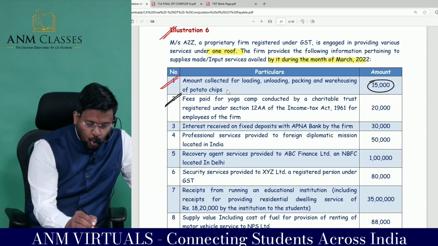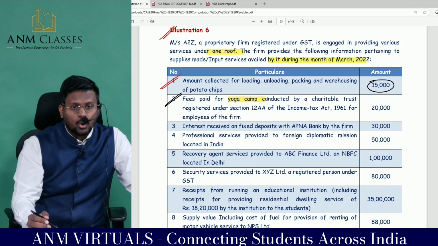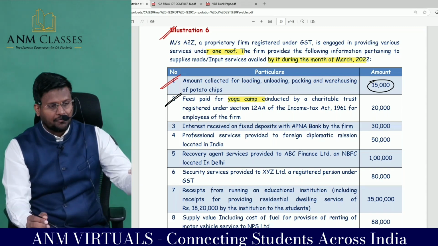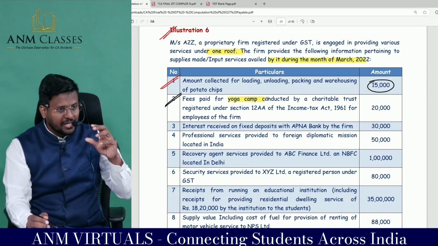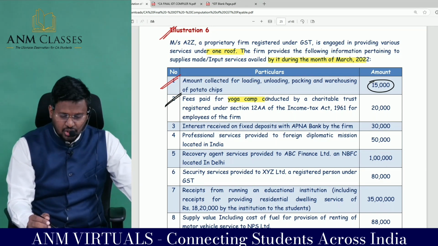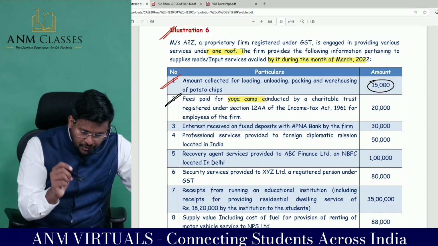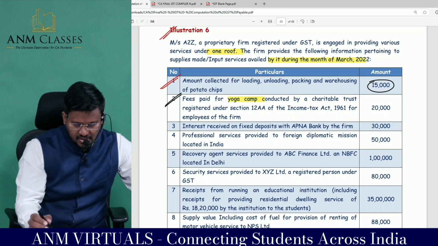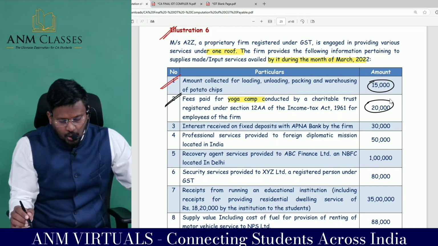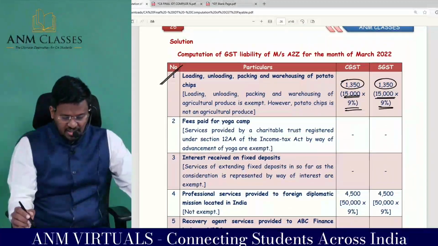Fees paid for yoga camp. Yoga camp is one of the definitions of charitable activity conducted by a charitable trust registered under section 12AA of the Income Tax Act for the employees of the firm. 20,000 rupees. So this guy has provided yoga for the employees, sir.